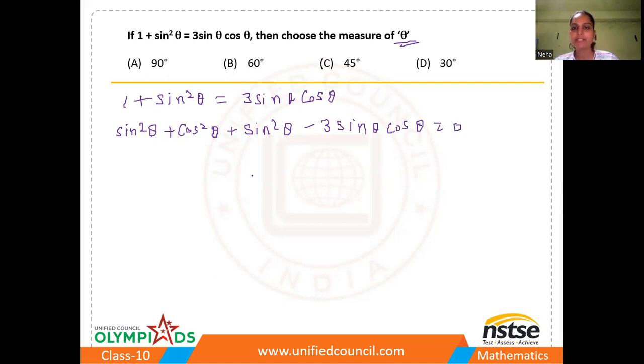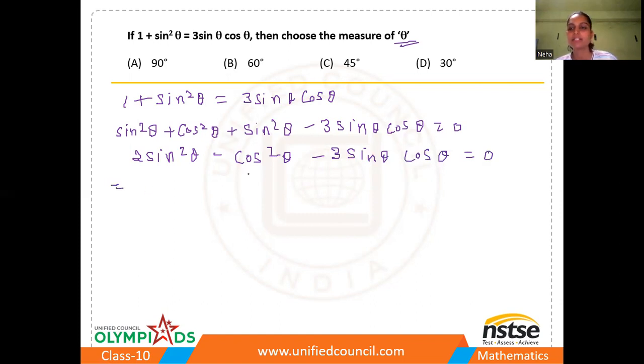Now sine square theta plus sine square theta, I can write as 2 sine square theta, plus cos square theta, minus 3 sine theta cos theta, is equal to 0. Clear?